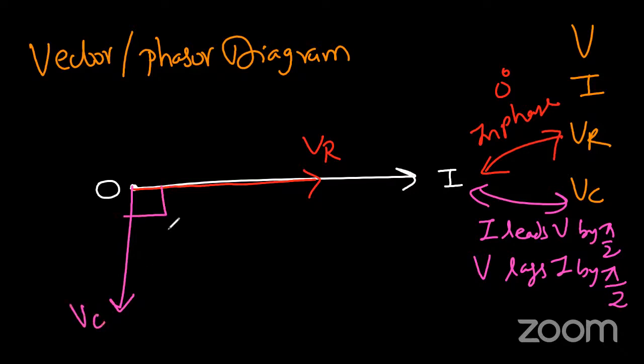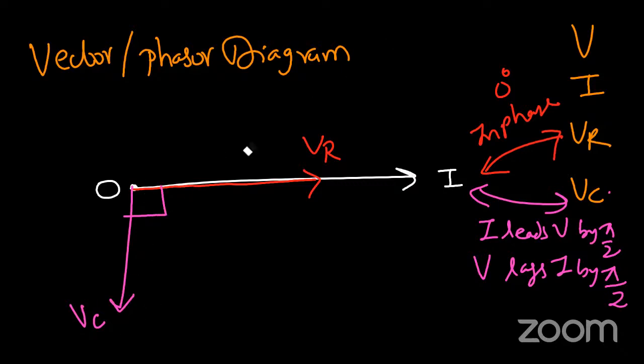Someone may say, you told us not to follow pi by 2. But when do we not follow pi by 2? For the whole circuit. Here I'm just discussing VC. Am I discussing capital V? We are only discussing VC. So for I and VC, current leads the voltage by pi by 2, but since current is drawn, leave the current. So V lags current by pi by 2. So the VC voltage is below, that is minus pi by 2.